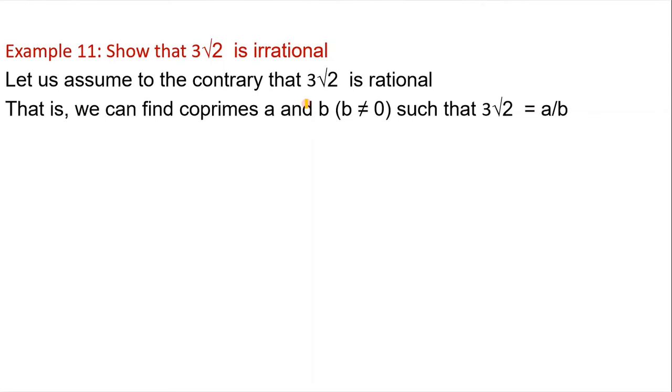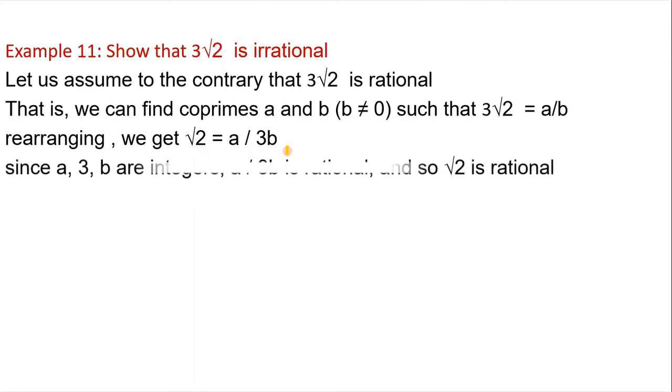Okay. Now from this equation root 2 is equal to a by 3b. Here when you observe a, 3 and b, all these are integers. That is, if you substitute any values of a and b in the above equation, we get root 2 as rational.